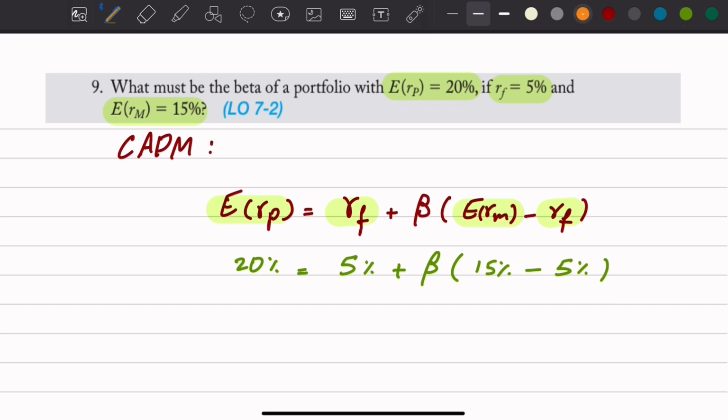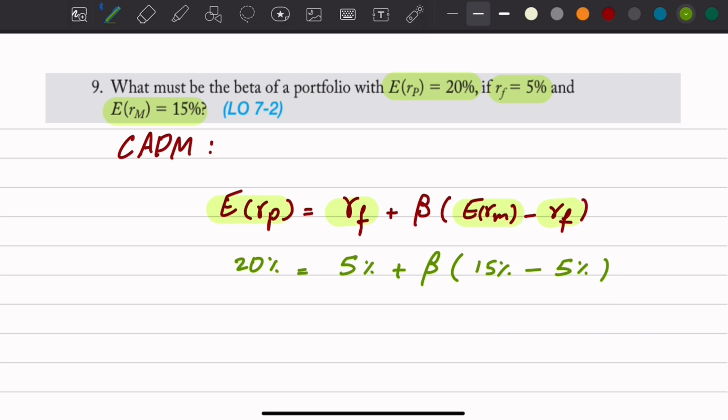I'm going to move this to the other side, the 5%, and I'm going to distribute beta on what's between the parentheses here. Okay?